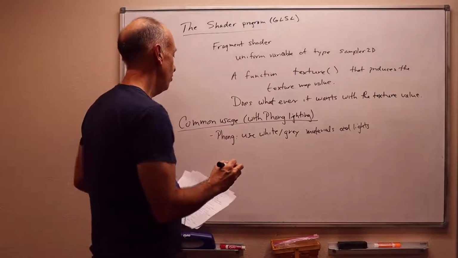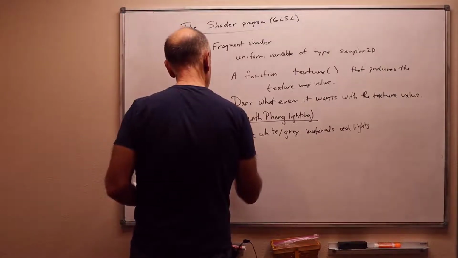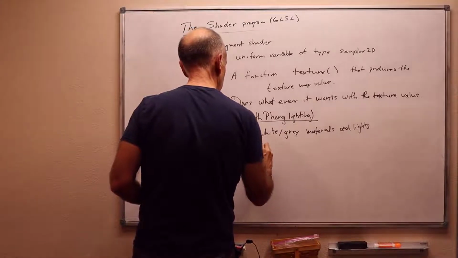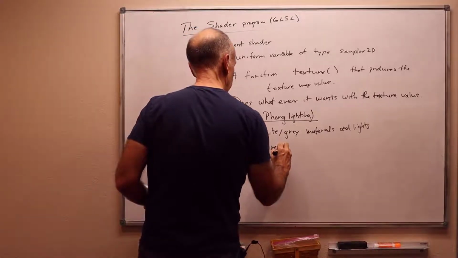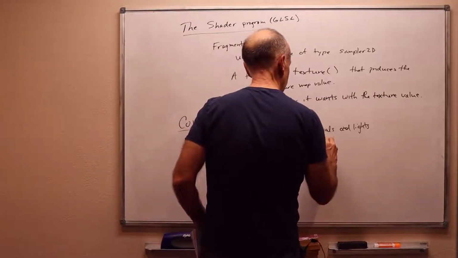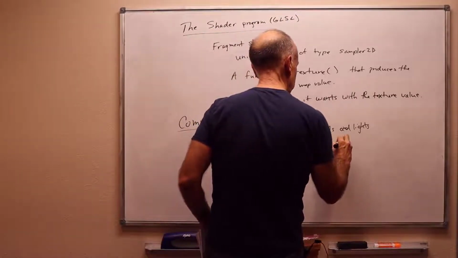And then you multiply the resulting color by the texture map value.